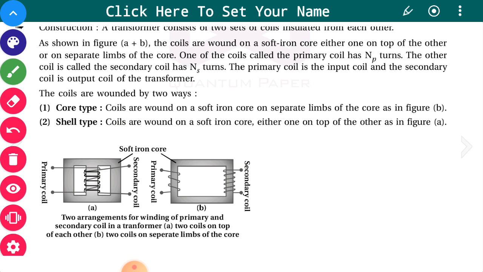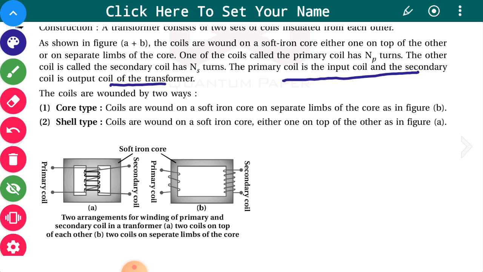The primary coil is the input coil and the secondary coil is the output coil. The coils are wound in two ways, depending on the core type.